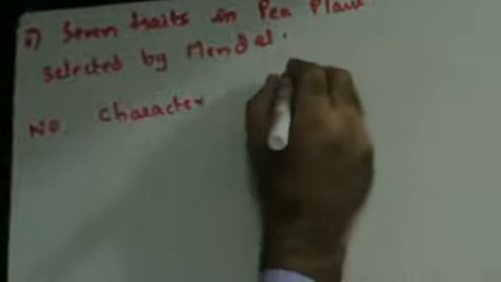Let's see it in tabular form. Character, pairs of contrasting characters.